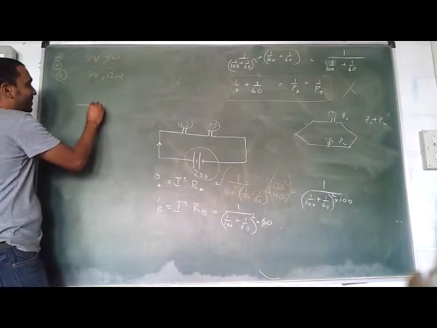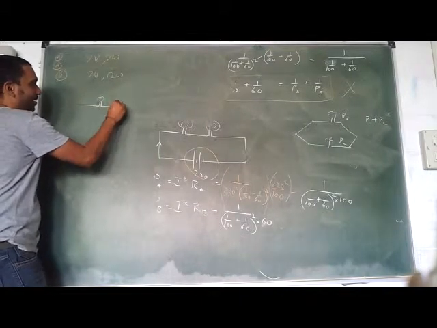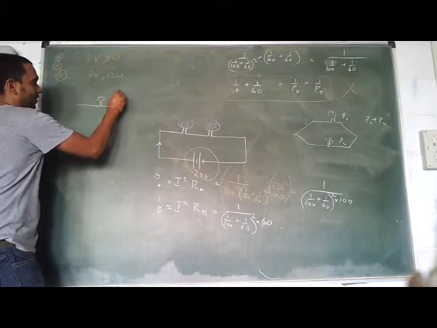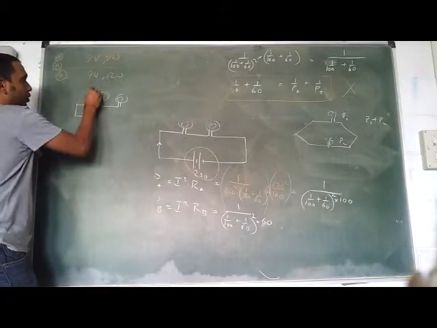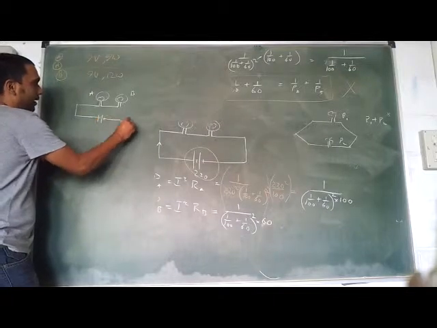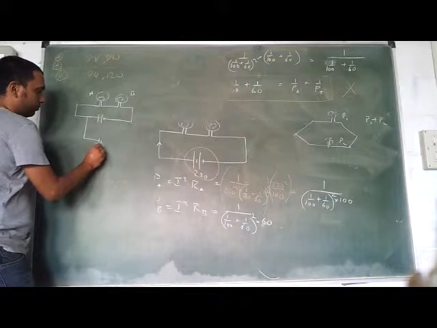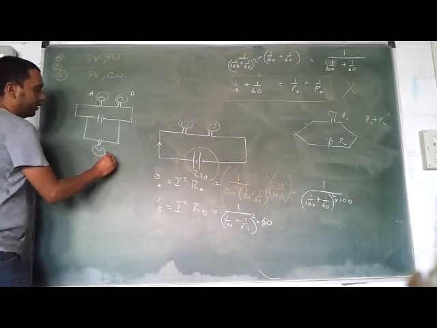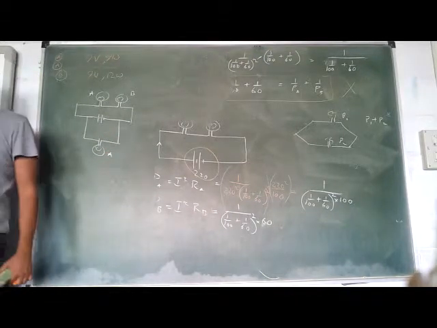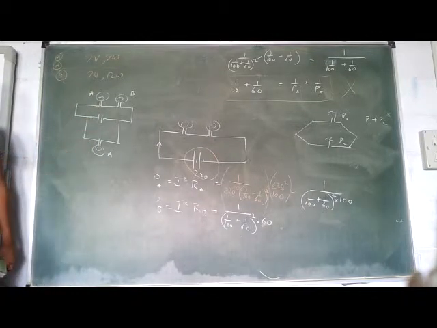It is put like this: bulb A, bulb B, battery and bulb A. Okay? Bulb A, bulb B and the battery and this one.